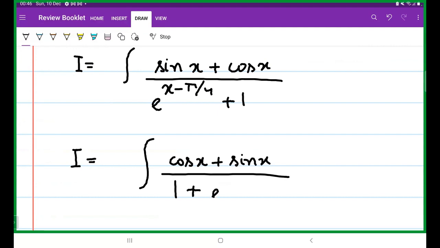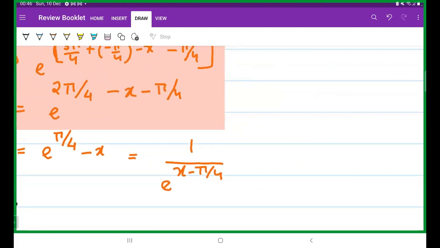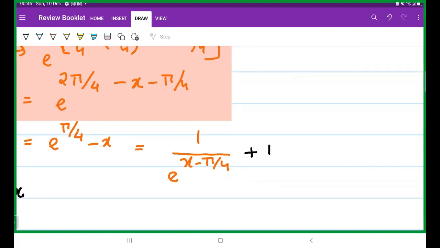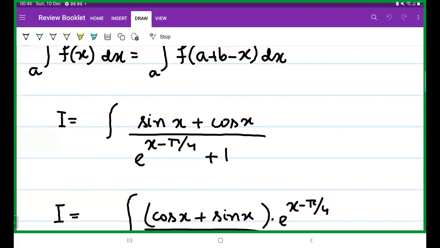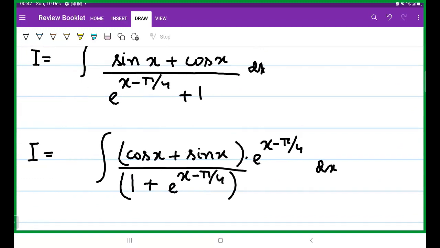Over 1 plus e to the power x minus pi by 4, multiplied by e to the power x minus pi by 4, because we have got a plus 1 there, so when we equalize their LCMs, it becomes this, right? I missed one very essential thing, dx. Never forget to write the dx. That is very essential. Okay, let's now add these.